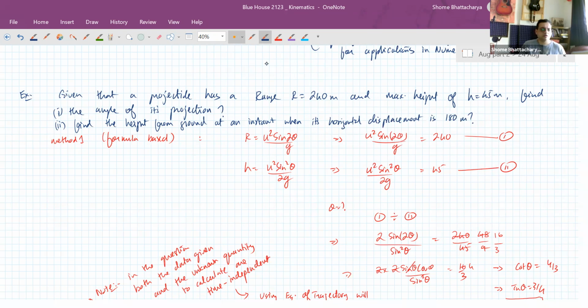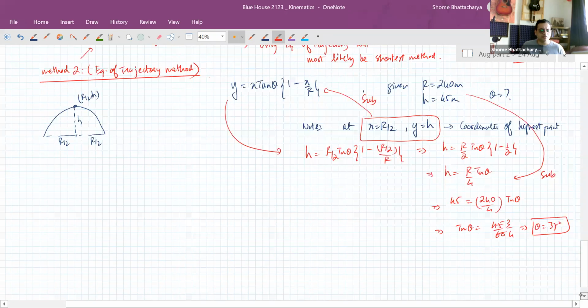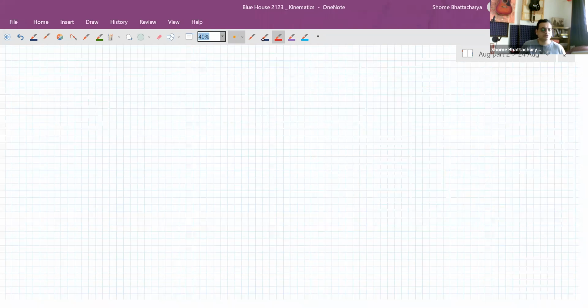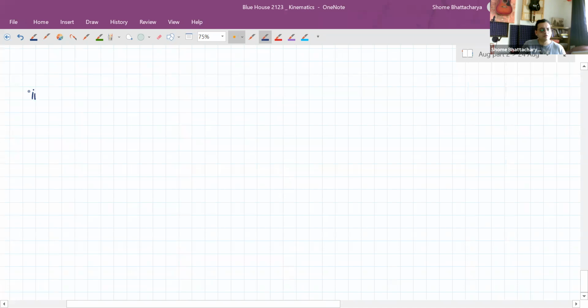So now that we have understood that in this type of question, it's always convenient to use the equation of trajectory, I'll go directly to the equation of trajectory method. So let's understand the second part of the question first. In the first part, we've already found out that theta is 37 degrees. Range was given to us as 240 meters.